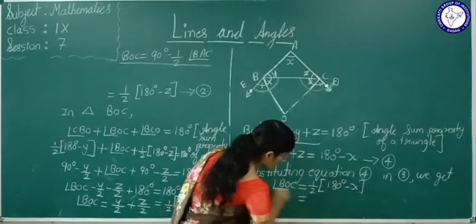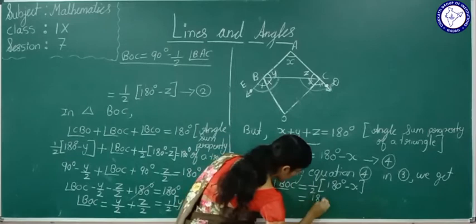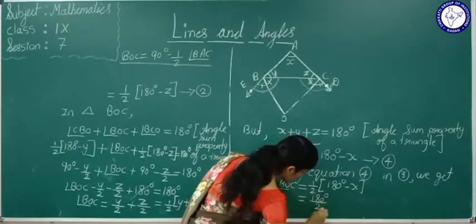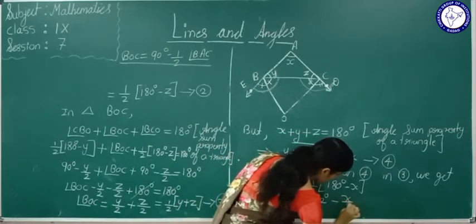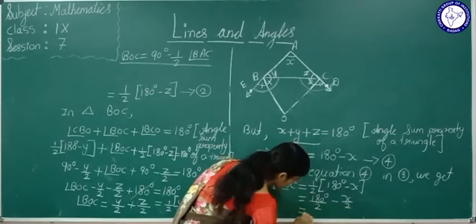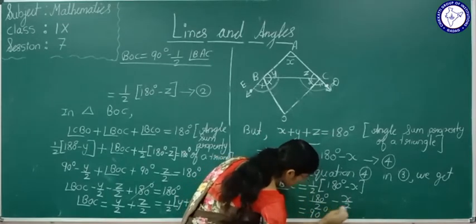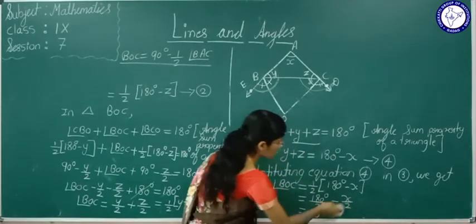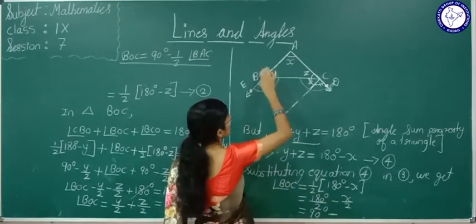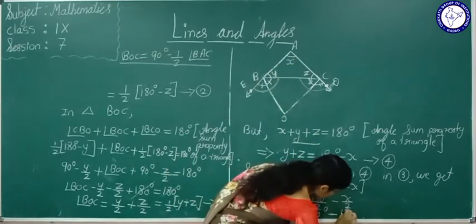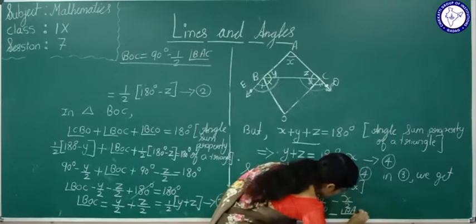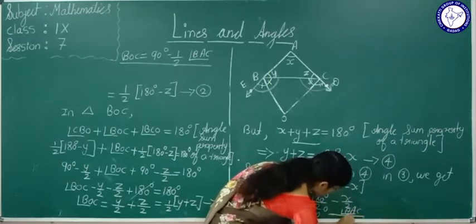So this will be 180 degree divided by 2 minus x by 2. 180 degree divided by 2 is 90 degree minus, what is x here? X is nothing but angle BAC divided by 2.